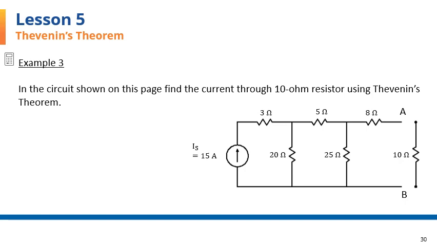We have 15 amps of current flowing through the 3 ohm resistor. That 15 amp comes to this junction. The 8 ohm resistor is not part of our circuit for this calculation, so we can use the current divider formula that you've seen before to find the current through the 5 ohm resistor, which is the same current that goes through the 25 ohm resistor.